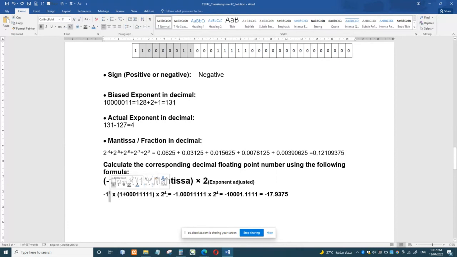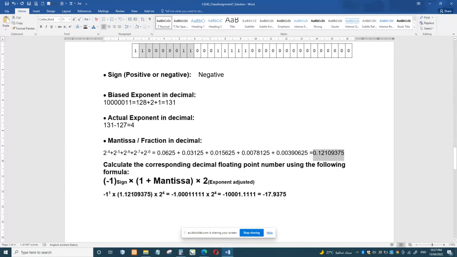And here you can see that your value will be 1 plus this one, so better to use one dot, like that one, 1.12109375. So this is our fraction.